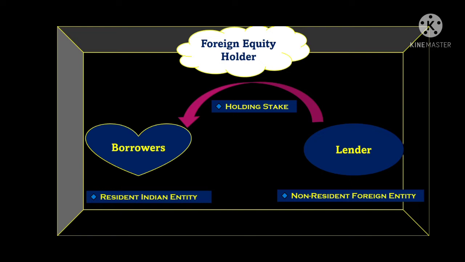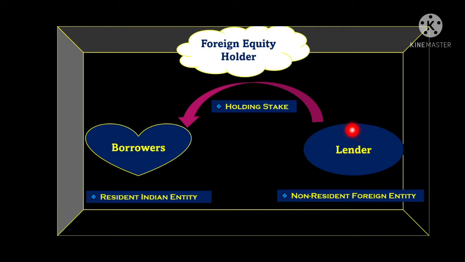right? Now under this, one is the lender, another one is the borrower. The lender should be a non-resident entity, which is a foreign entity, right? The borrower is an Indian entity which should be a resident of India, right?